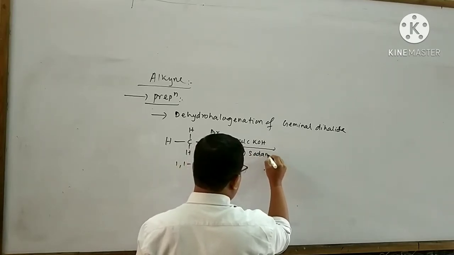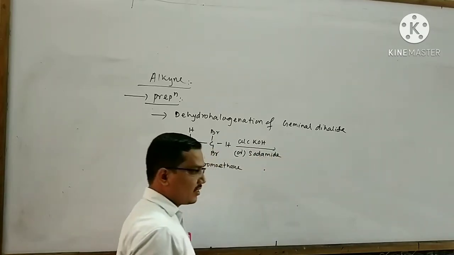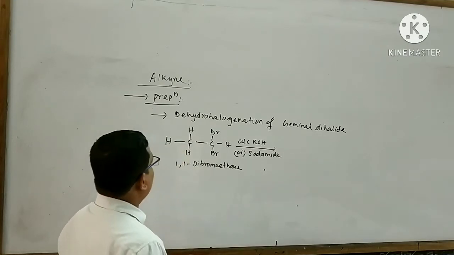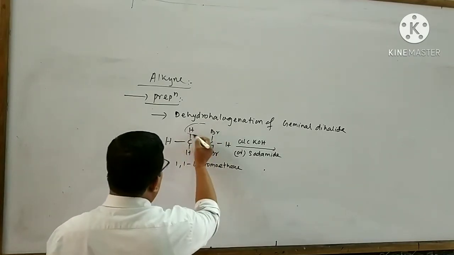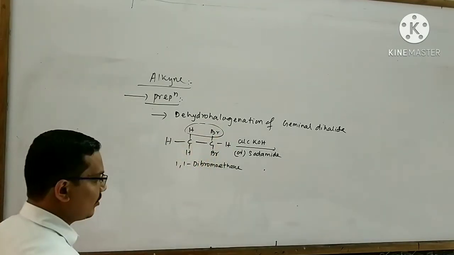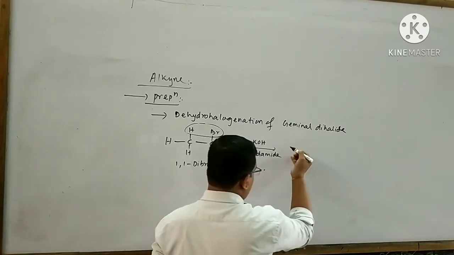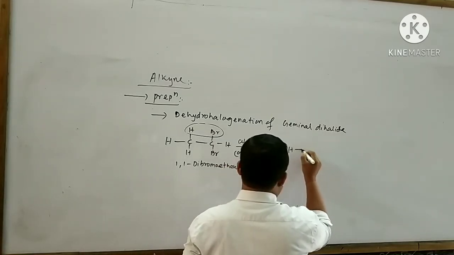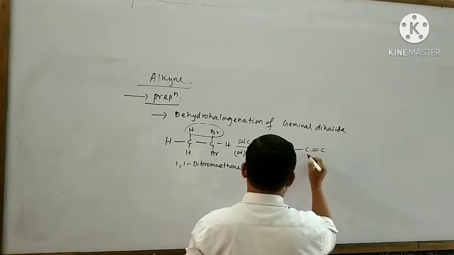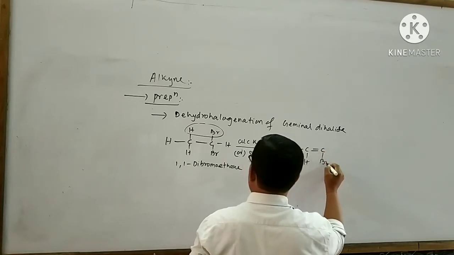soda amide, then what will happen? At first, one molecule of HBr is removed and formed this product: H2C, bond H, bond Br.